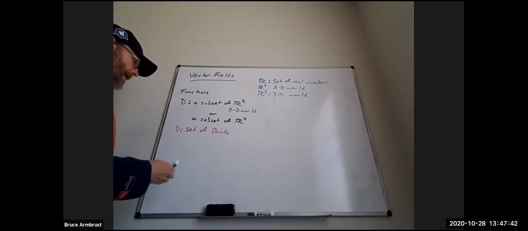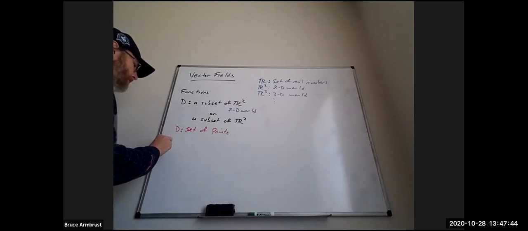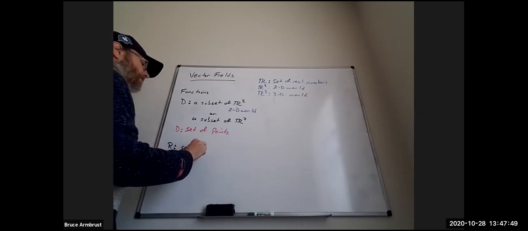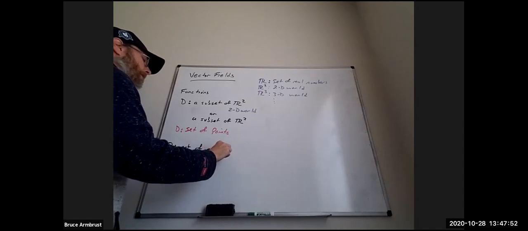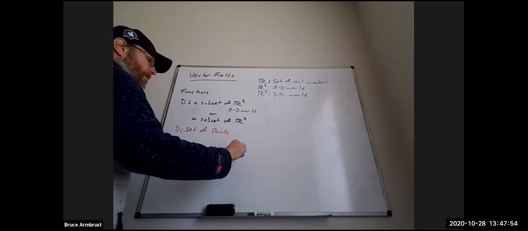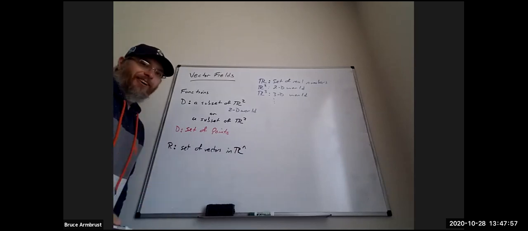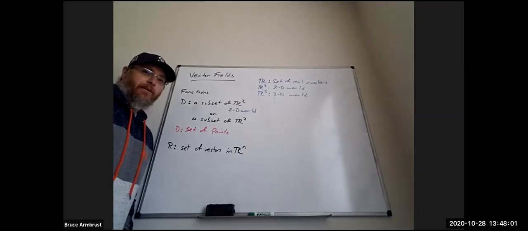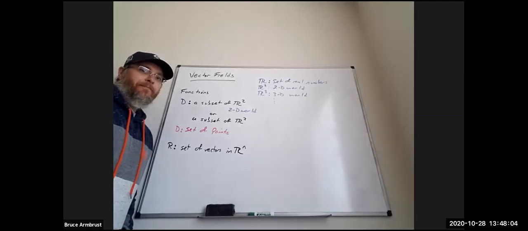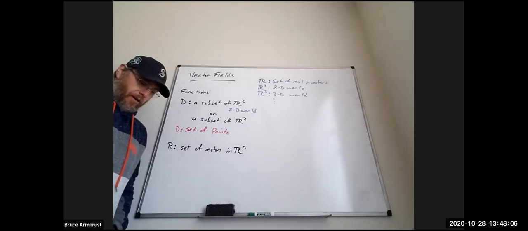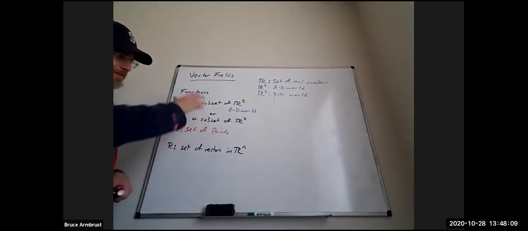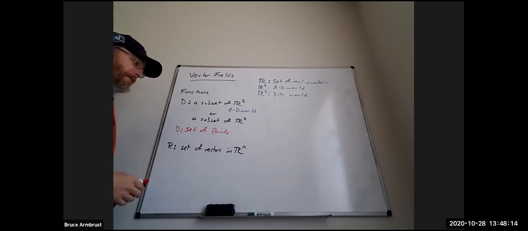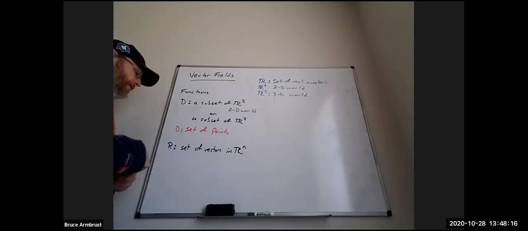So then what about the range? Well, the range, it's going to be a set of vectors in R, I'm going to put here Rn. So it's going to be an nth dimensional vector. All right, so saying it like this probably just confused everybody, but here's basically what happens with a vector field.